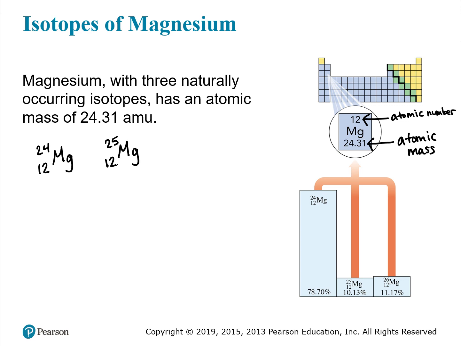If I wanted to figure out how many neutrons this isotope had, I would take 25 and subtract 12, and that would equal 13. The most abundant isotope, magnesium 24, has 12 neutrons. There's also magnesium 26.